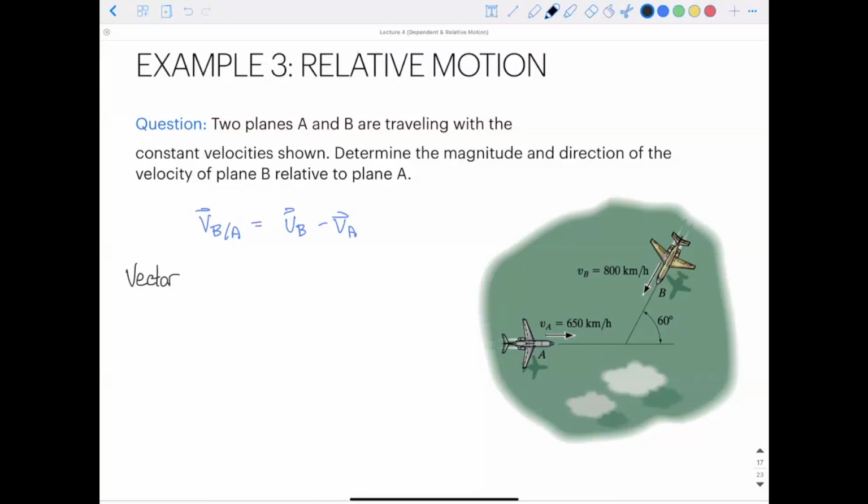So let's show the vector method. If we choose our coordinate system, let's say this is X, and let's choose this as Y, then we get our velocity of A. We write this in vector form as 650 i, in units of kilometers per hour.